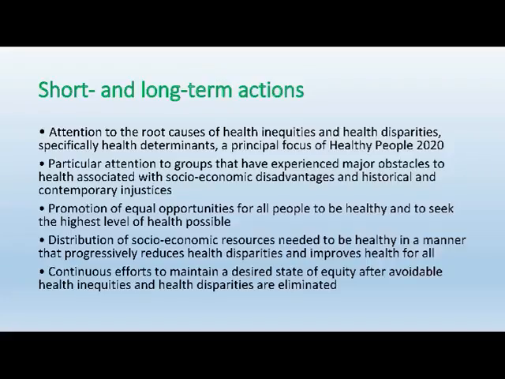Promotion of equal opportunities for all people to be healthy and to seek the highest level of health possible. Distribution of socioeconomic resources needed to be healthy in a manner that progressively reduces health disparities and improves health for all. Continuous efforts to maintain a desired state of equity after avoidable health inequities and health disparities are eliminated.